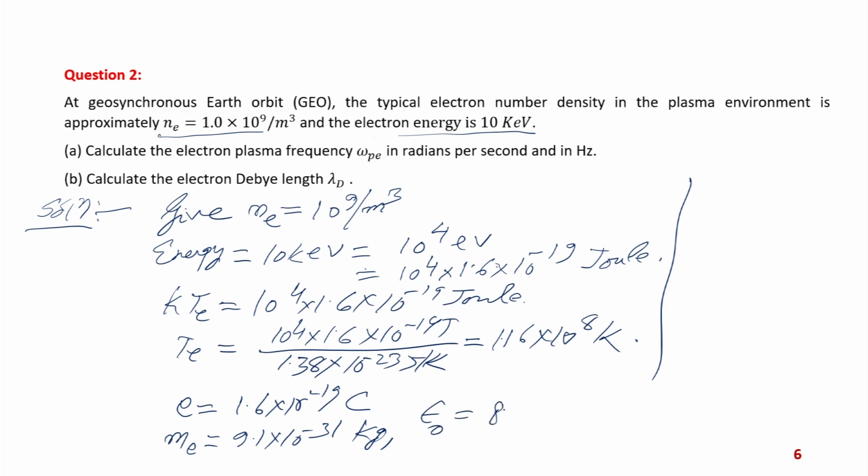So, it is 8.854 into 10 to the power minus 12 farad per meter. Okay. So, now we can calculate both the quantities.